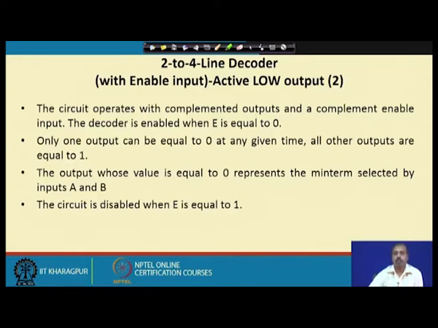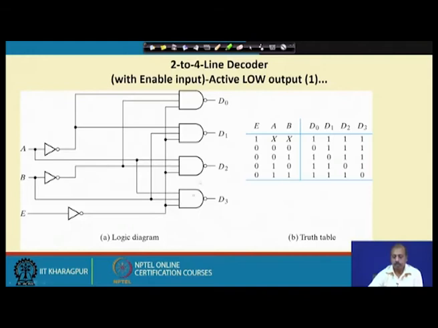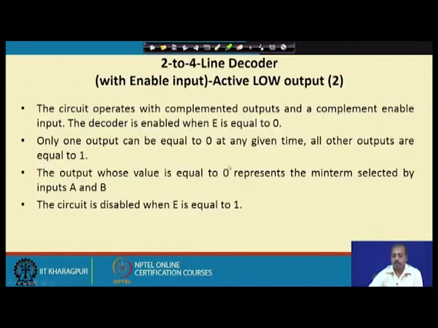D0, D1, D2, D3 correspond to min terms 0, 1, 2 and 3. Based on the AB value, the corresponding min term is selected and the corresponding D bit is made equal to 0, and the circuit is disabled when E is equal to 1. For proper operation of the circuit, E should be set to 0.